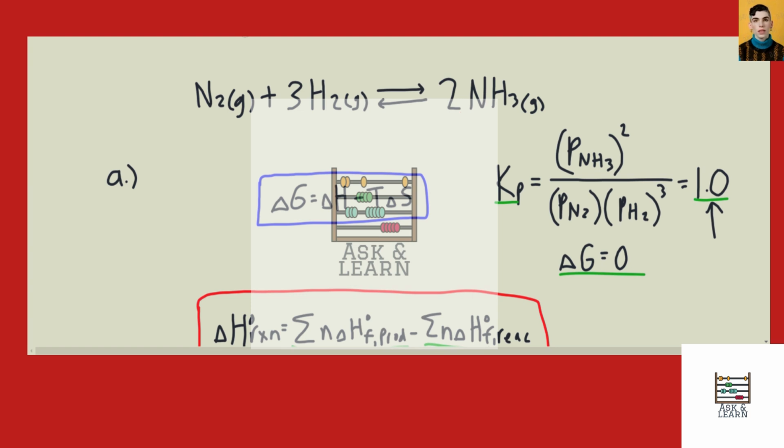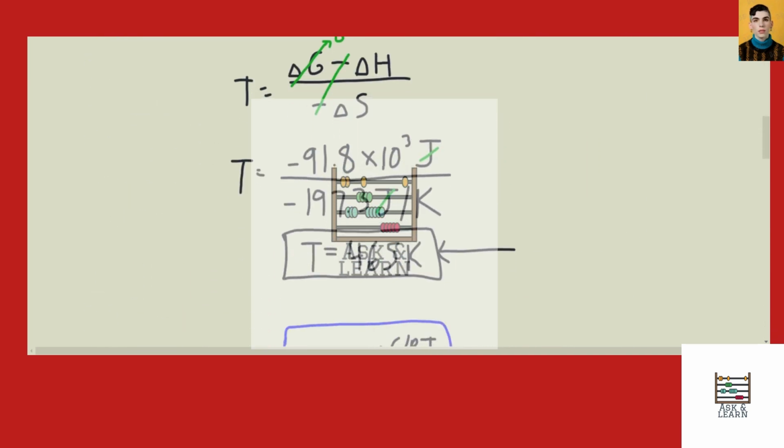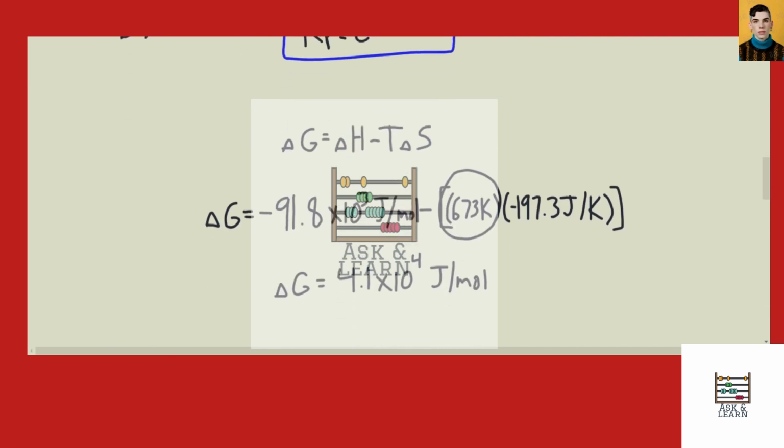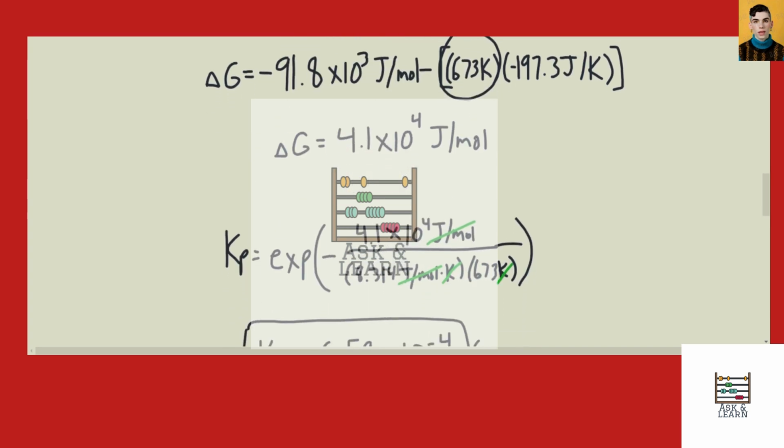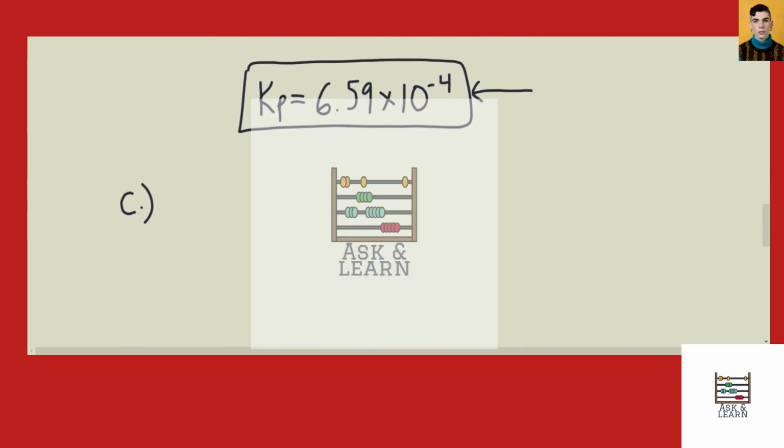And because of that, our yield of our desired product, NH3, will be hindered. And so we want to explain why this process is still run at high temperatures, even though the value of K decreased, meaning that less product is being formed.